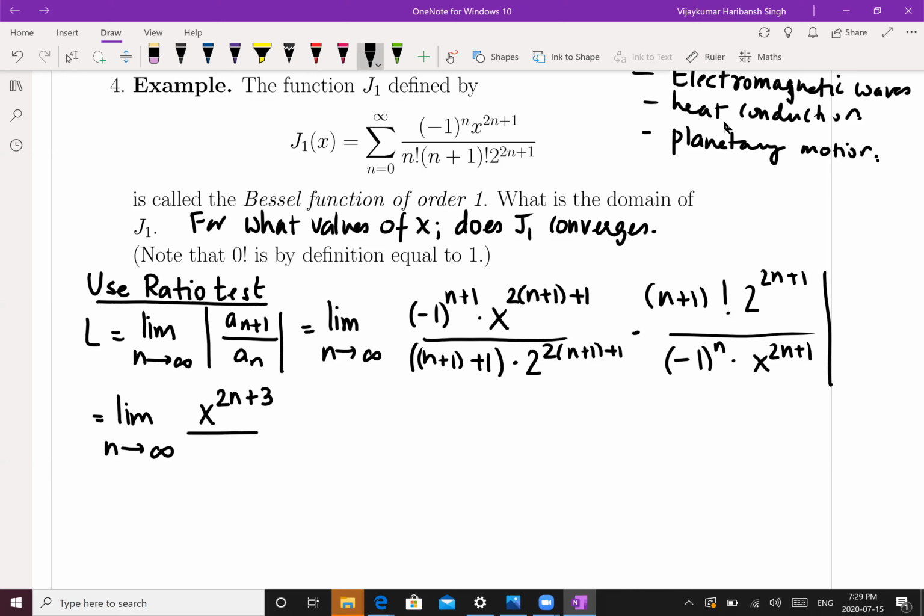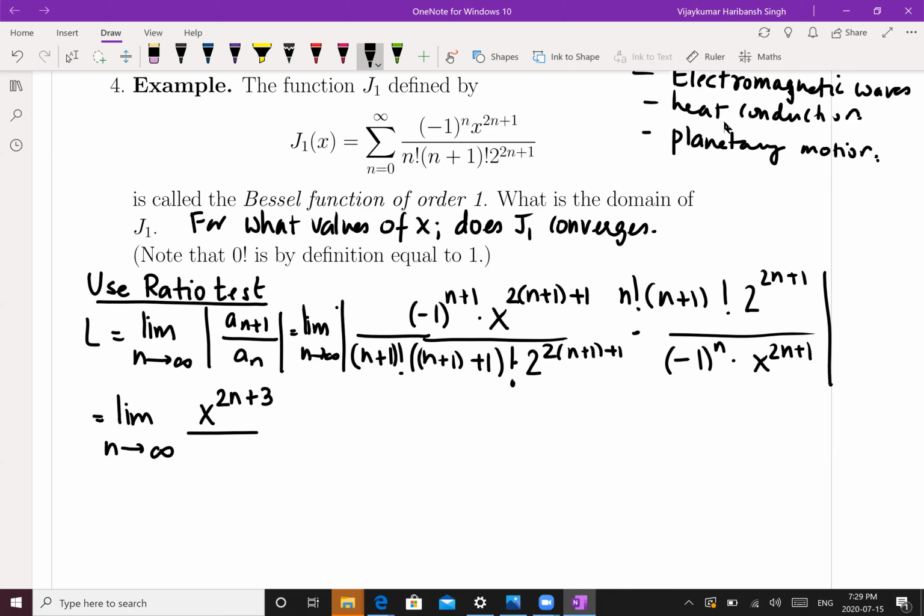So n factorial times n plus 1 factorial. So here also we'll have n plus 1 factorial. So let me just write it down. Limit as n goes to infinity, n plus 1 factorial. Okay. So this is actually what it is.